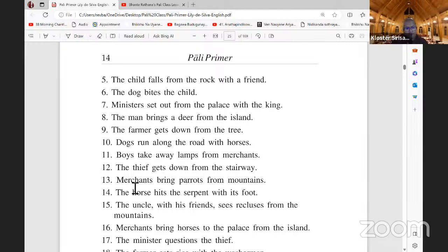Okay. Very good. Number 13, merchants bring parrots from mountains. Vanija pabbatehi suke aharanti.